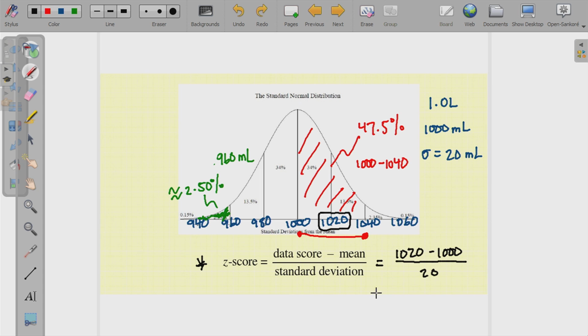And so if I do all those computations in my head, I get a value of +1. The positive number is important because it tells me that that value is one standard deviation above the mean.